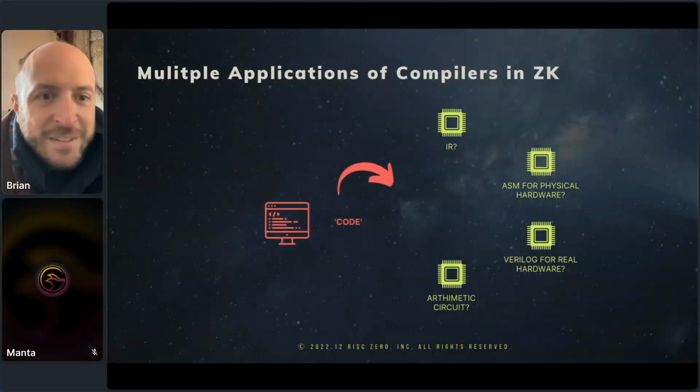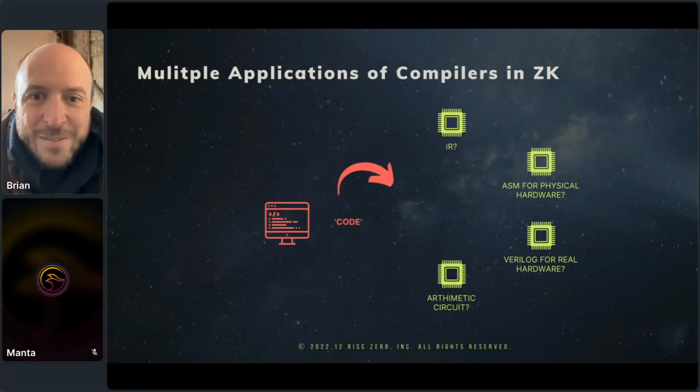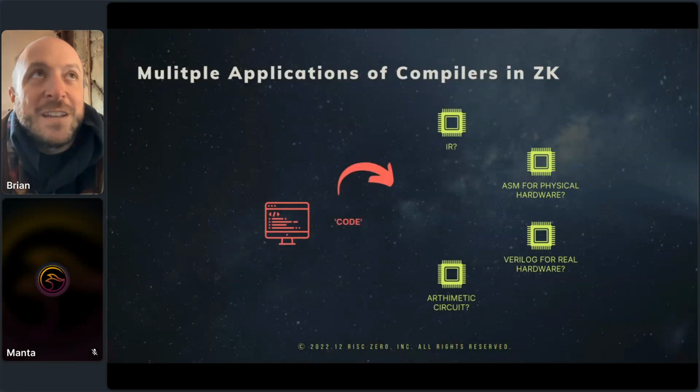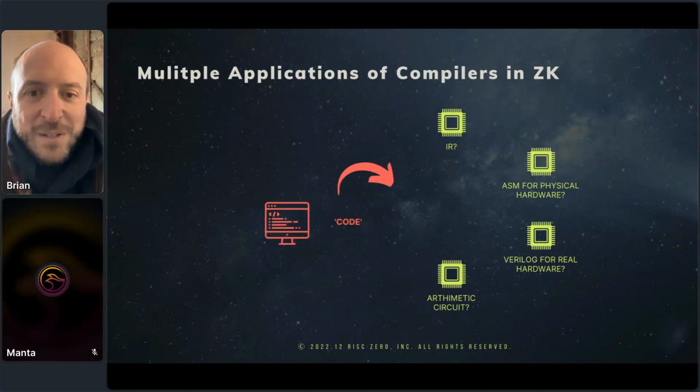Okay, so talking about compilers in ZK, I realized that it can be kind of confusing because you have code and it's really unclear exactly what your compiler is going to compile based on what kind of system you're using. So it might just be creating IR for another system. You could be outputting an arithmetic circuit.